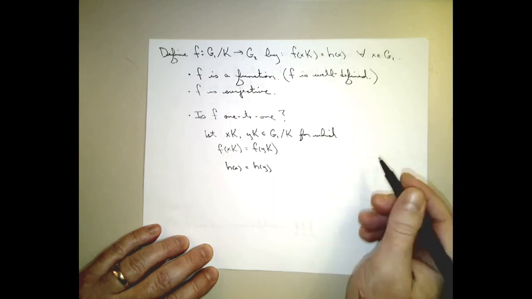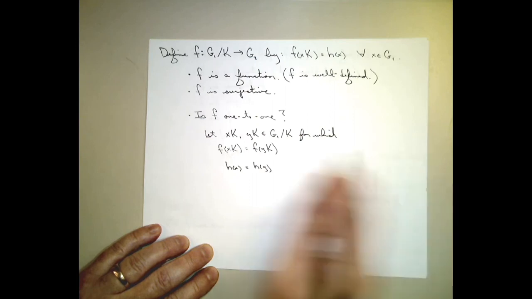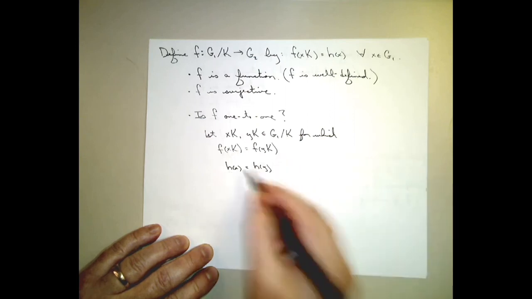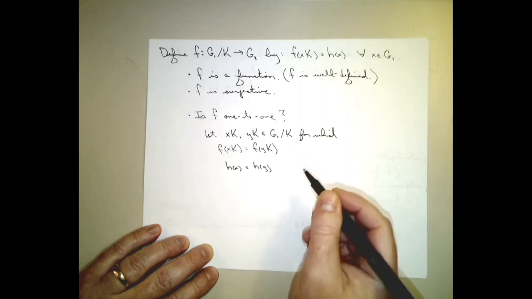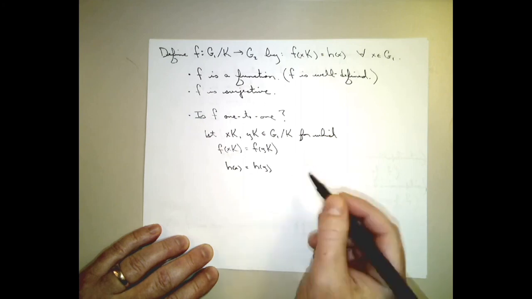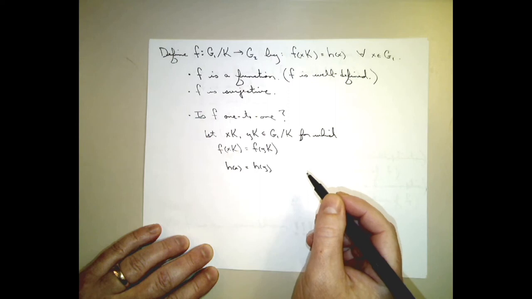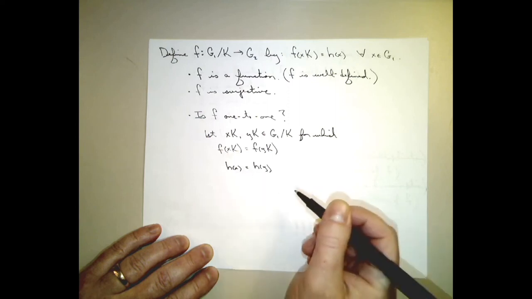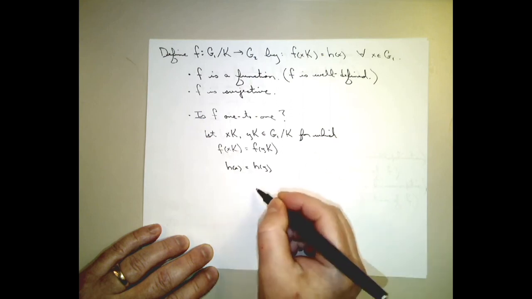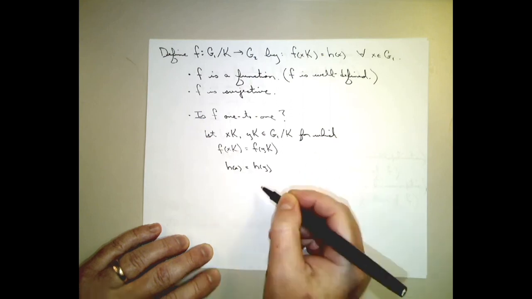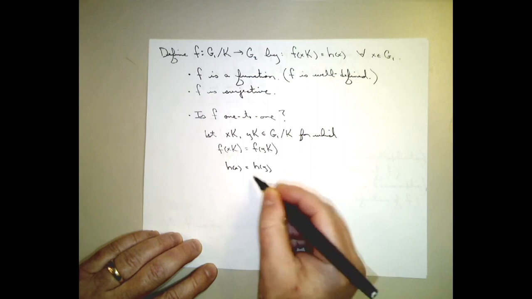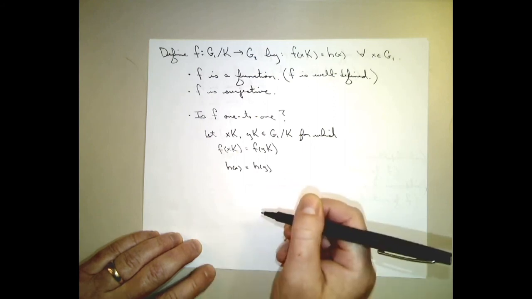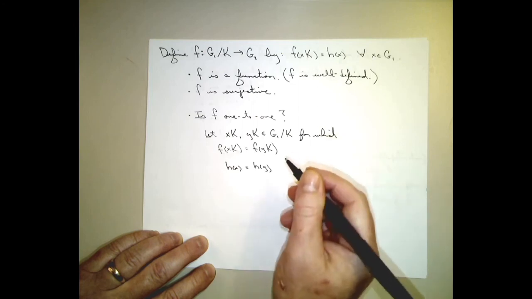Well, that's a mistake, because h is only a homomorphism. It's not necessarily one-to-one. So there's no reason on the surface to believe that x and y have to be equal. It's a common mistake to make. So we're going to have to be a little cleverer.